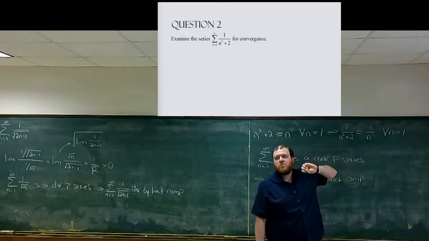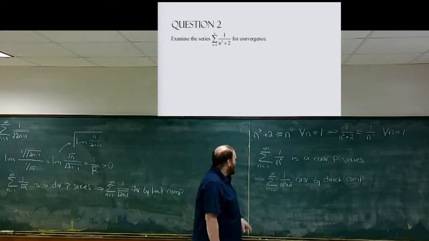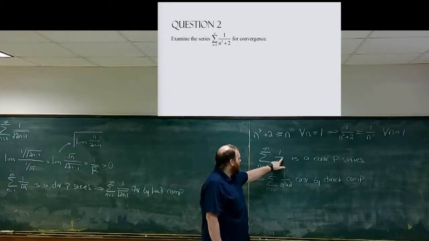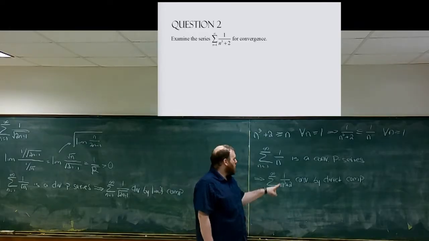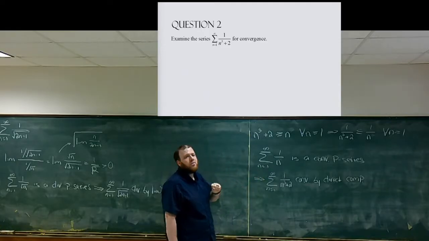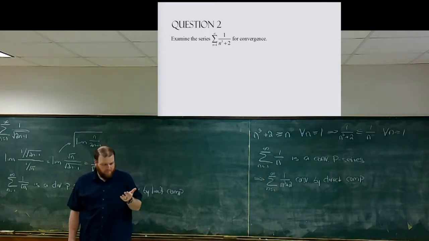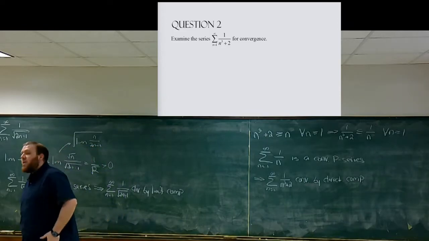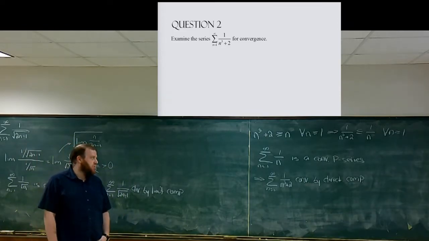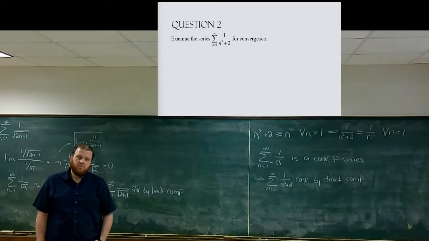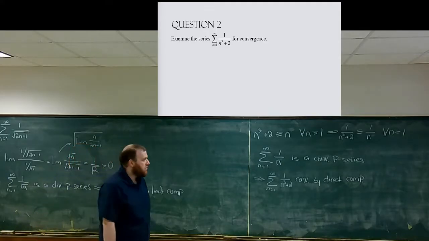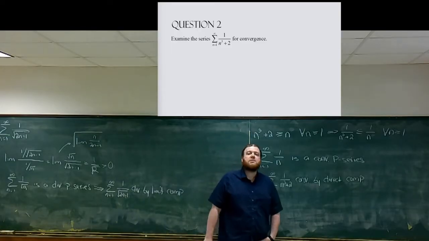What does 1 over n do? So if I just remove the 3, what does that series do? That now diverges. That's the harmonic series. Direct comparison test fails.